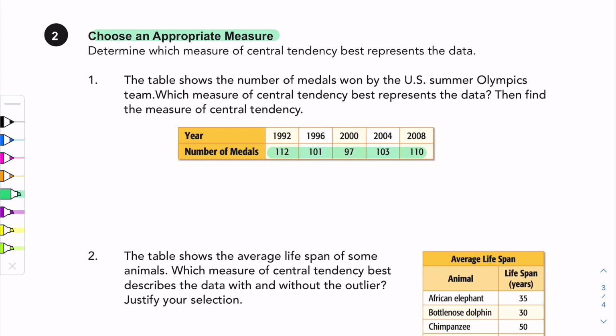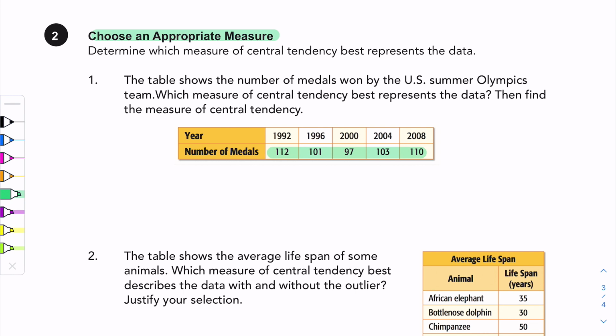So it looks like in 1992, we won 112 medals, then 96, 101, in 2000, 97, in 2004, 103, and in 2008, 110. I would say that since this data set has no extreme values or numbers that are repeated, the mean would be the best representation of the data.